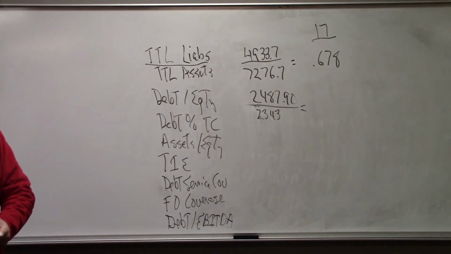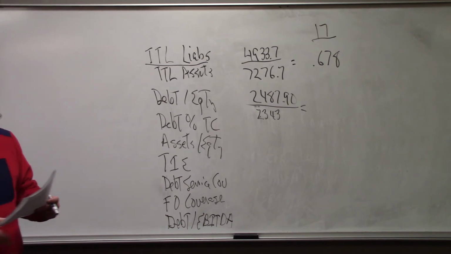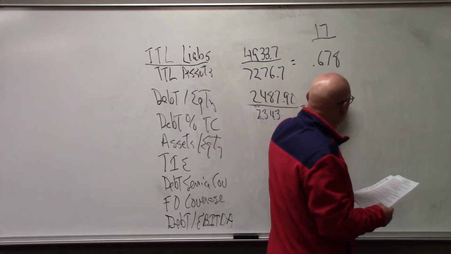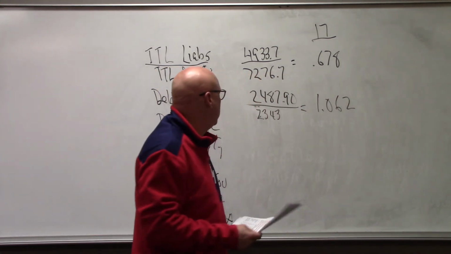And let's double check that. Yep. 2487.9 divided by 2343. And yeah, I get 1.0618. Let's round it up.